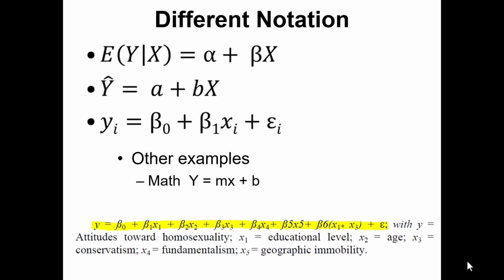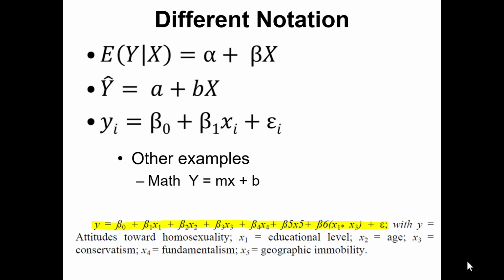In some math problems it could be another notation, but these are the most common. So y equals a constant value, sort of a benchmark given what y equals when x equals 0, and then the slope of x1, the slope of x2, slope of x3, right?